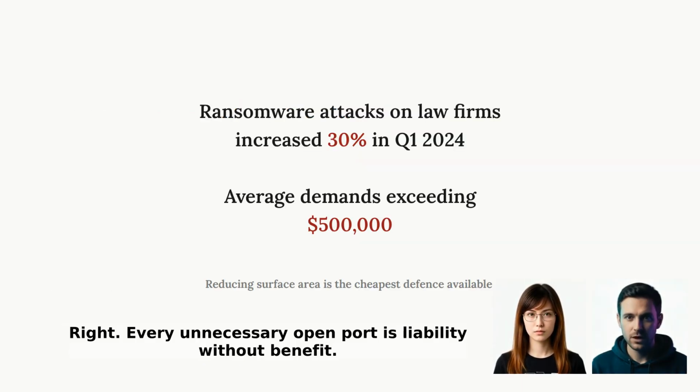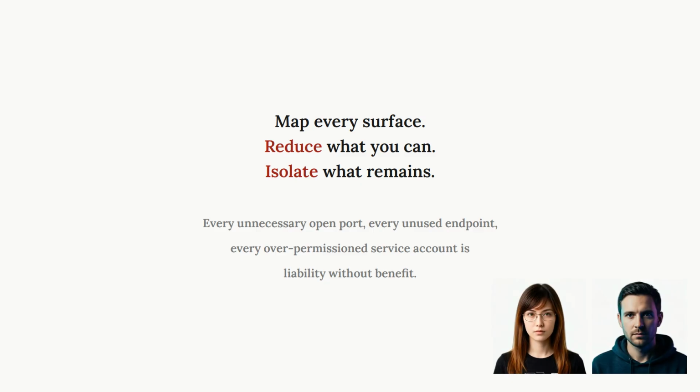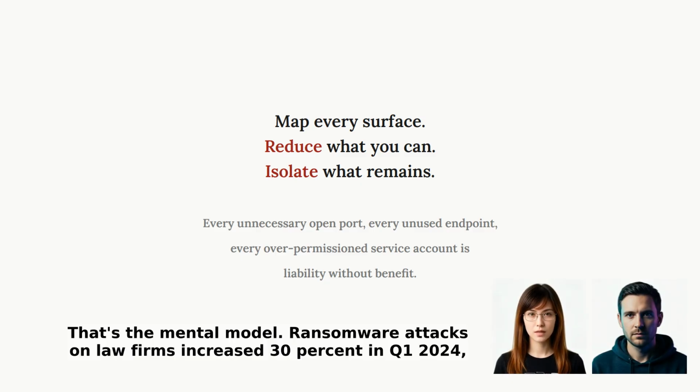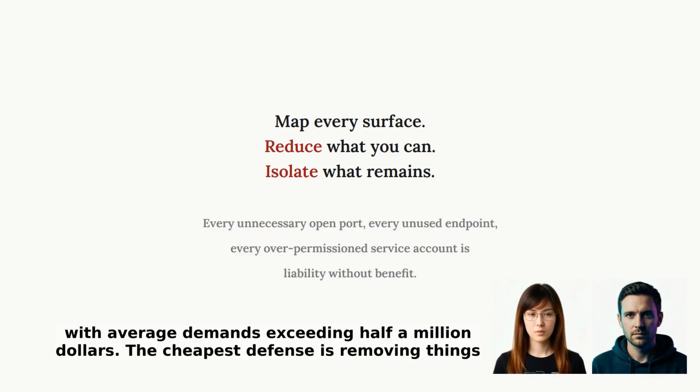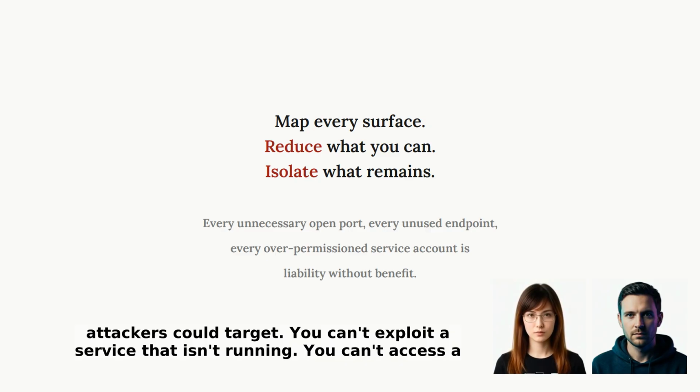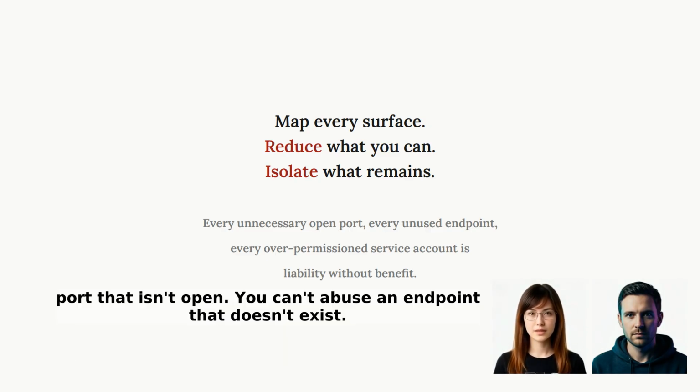Right. Every unnecessary open port is liability without benefit. That's the mental model. Ransomware attacks on law firms increased 30% in Q1 2024, with average demands exceeding $500,000. The cheapest defense is removing things attackers could target. You can't exploit a service that isn't running. You can't access a port that isn't open.